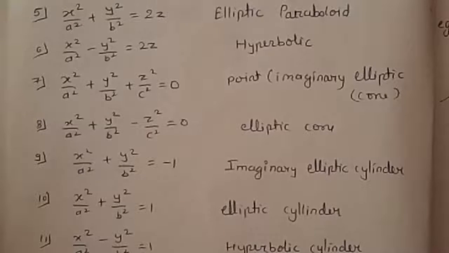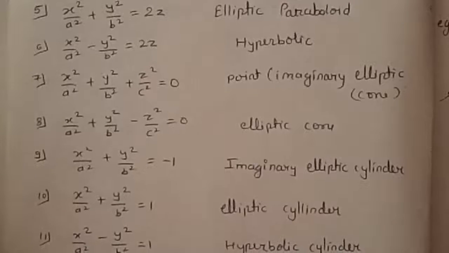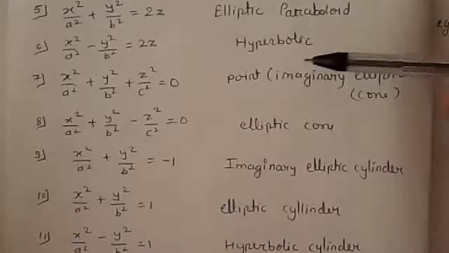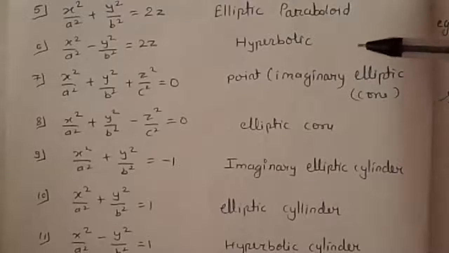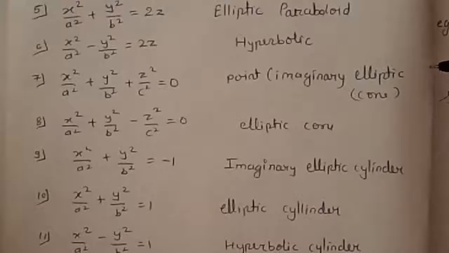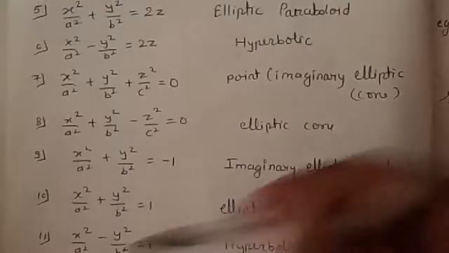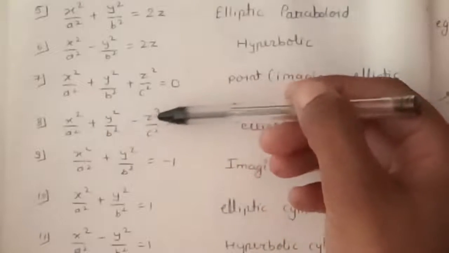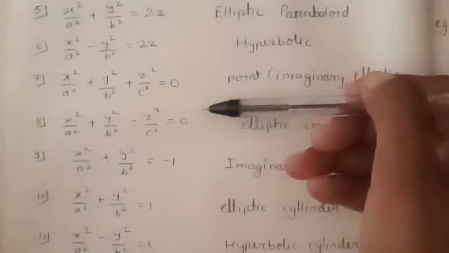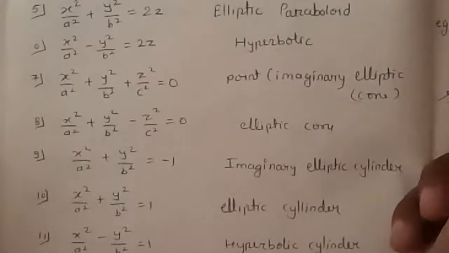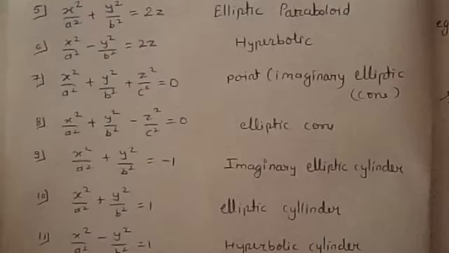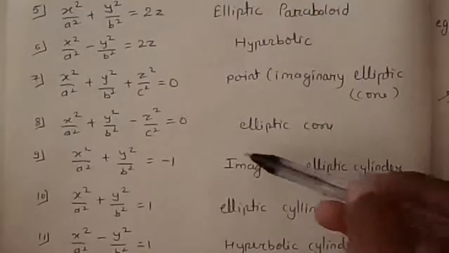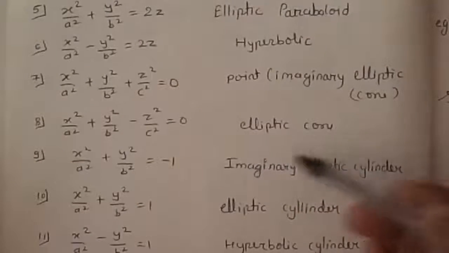If x square upon a square plus y square upon b square plus z square upon c square is equal to 0, then this is a point, or we can say this is an imaginary elliptic cone. If x square upon a square plus y square upon b square minus z square upon c square is equal to 0, then this is an elliptic cone.